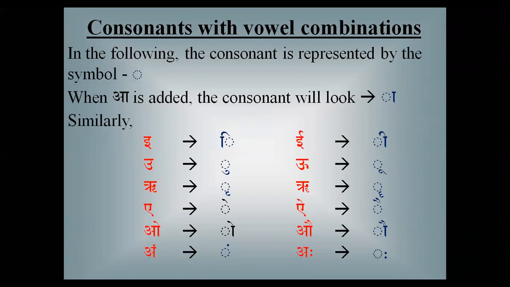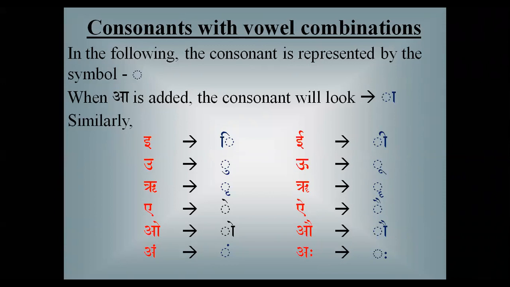And when R is added, similarly the R will be represented by the corresponding vowel sign. And the vowel A, when added to the consonant, the resultant consonant will have a stroke at the top. When I is added, the consonant has two strokes at the top. You can see the consonant with the two strokes.